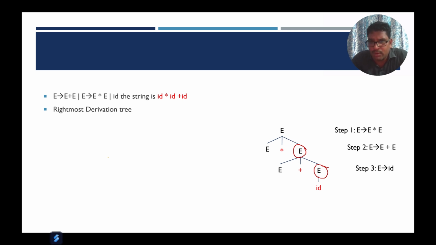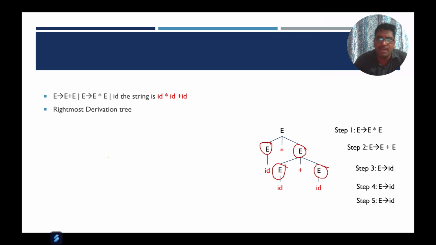Now I have to expand this E by substituting in step 4, E tends to ID. At the place of E I am going to substitute with the terminal, that is ID. At last we have E here. I have to expand this with a terminal. In step 5, E tends to ID.